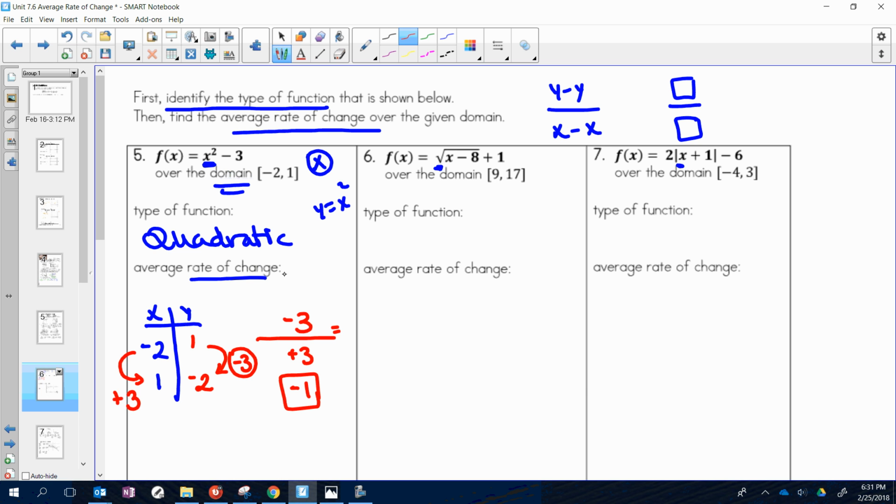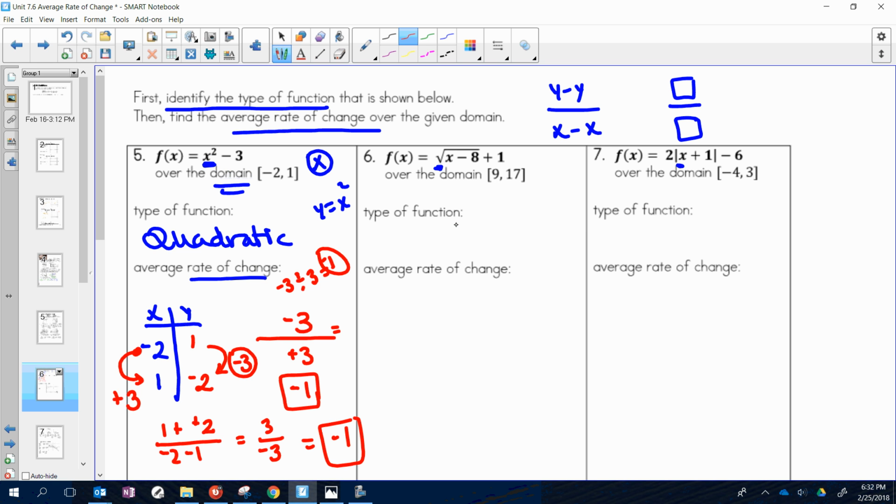If I divide, negative 3 divided by 3 is negative 1. Another way to look at this, you could do the math. You'll still get negative 1 if you do 1 minus negative 2, and then over here, negative 2 minus 1. So on the top, I get 3. On the bottom, I get negative 3, which is negative 1.